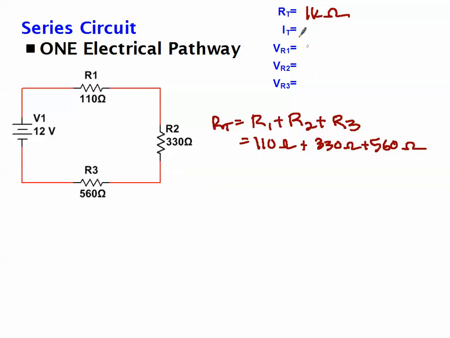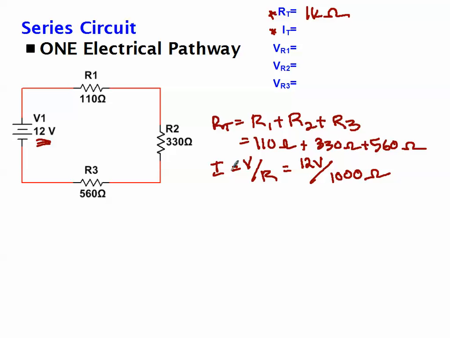Now, once we have the total resistance, we know the total supply voltage, we can then calculate total current using Ohm's law, because, as you should recall, I equals V divided by R. So if we substitute the values, we have 12 volts divided by 1,000 ohms.